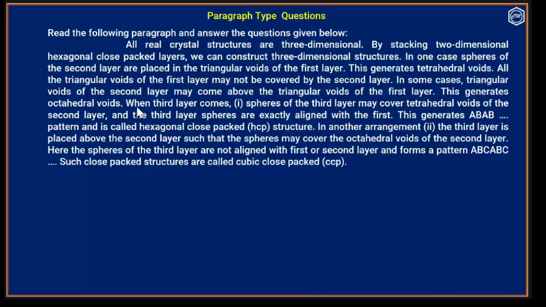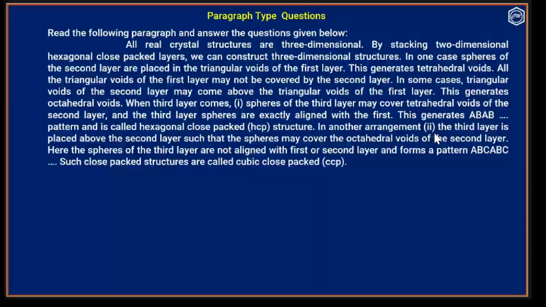In some cases, triangular voids of the second layer may come above the triangular voids of the first layer. This generates octahedral voids. When the third layer comes, spheres of the third layer may cover tetrahedral voids of the second layer, and the third layer spheres are exactly aligned to the first. This generates an ABAB pattern and is called a hexagonal close-packed structure.